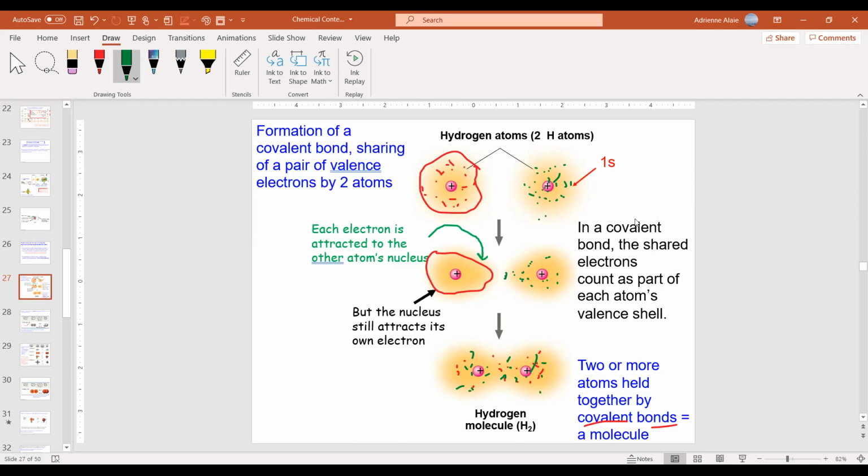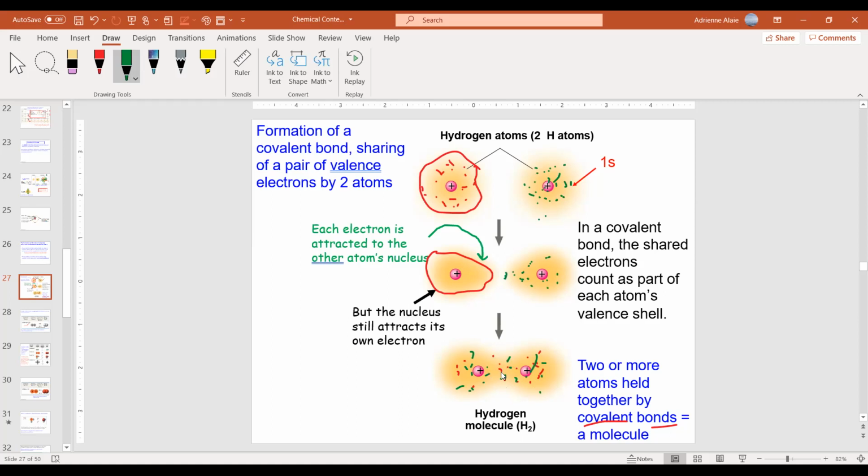So this is important. In a covalent bond, the shared electrons, so each one of these atoms now has the benefit of the other one's electrons. That's why they're shared. So the electrons count as a part of each atom's valence electrons.